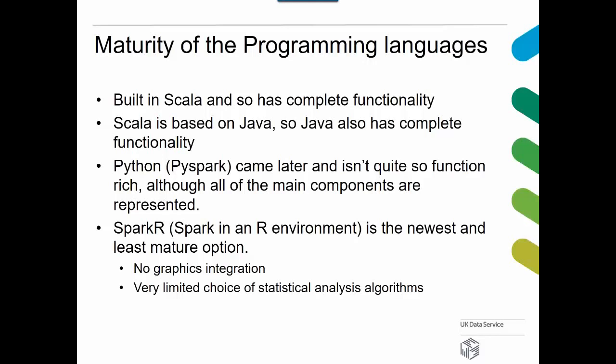Again, it's written in such a way as to integrate completely with your existing R environment, and we'll see this in the examples that I'm going to give. Unfortunately, it's not quite as mature as the others, so at the moment there's no graphics integration with ggplot or other things that you might want to use in an R environment, and there's a rather limited choice of statistical analysis algorithms, but that will undoubtedly change as Spark progresses.